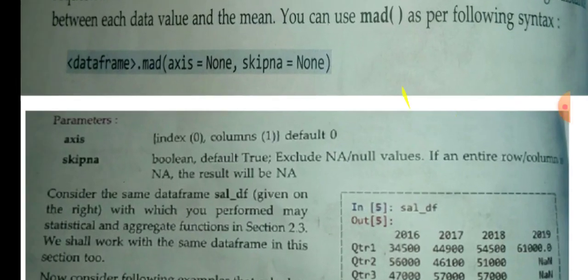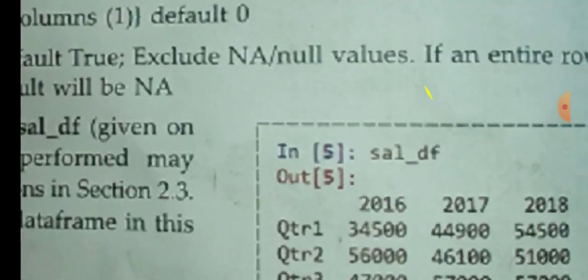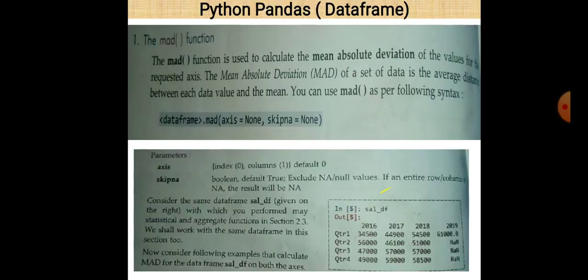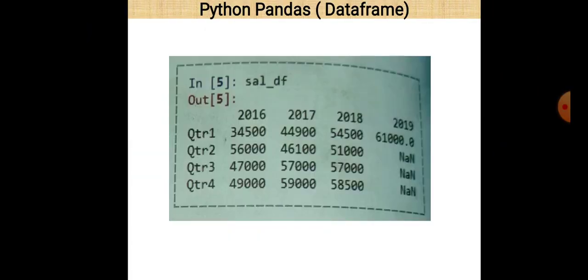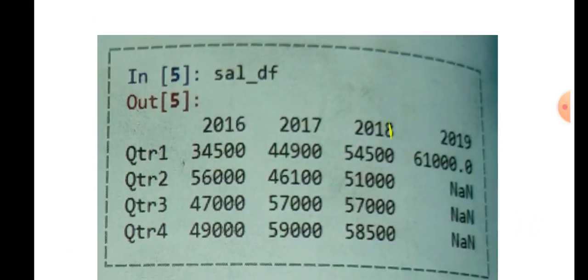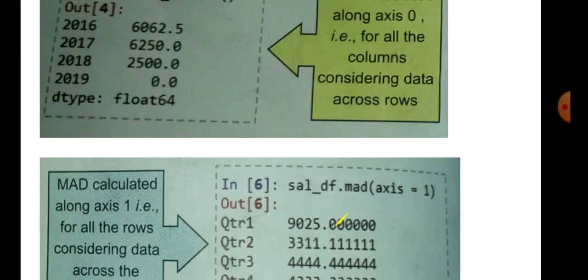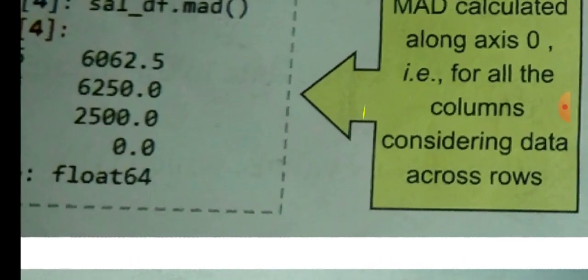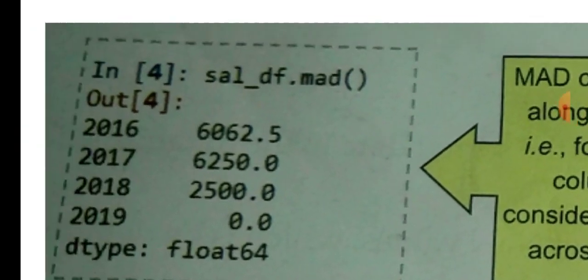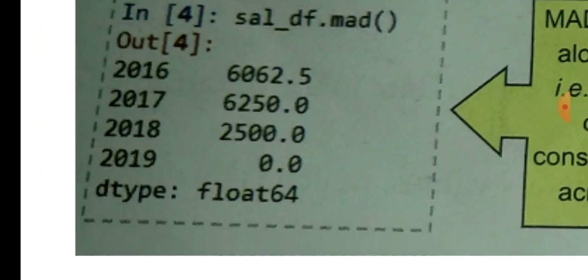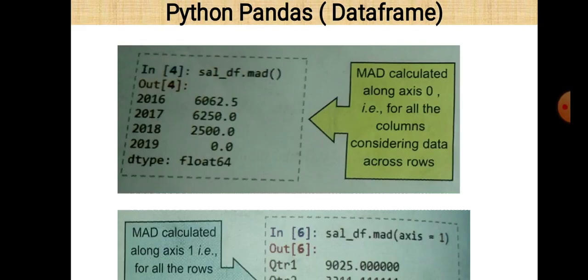You can easily see that here sl_df is a data frame, and if you want to find out the mean absolute deviation, this is the original data frame here. For that purpose the MAD function is used, and by default axis is equal to 0, so it will calculate along axis equal to 0.